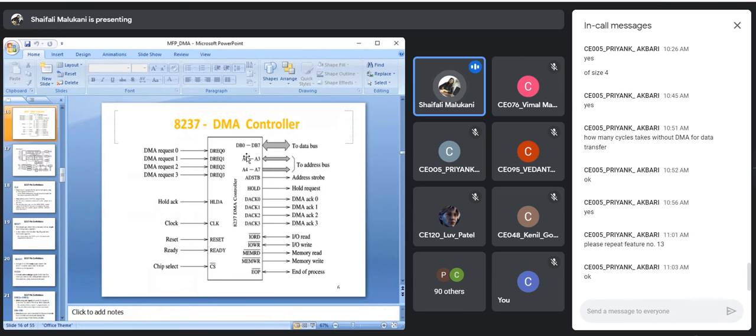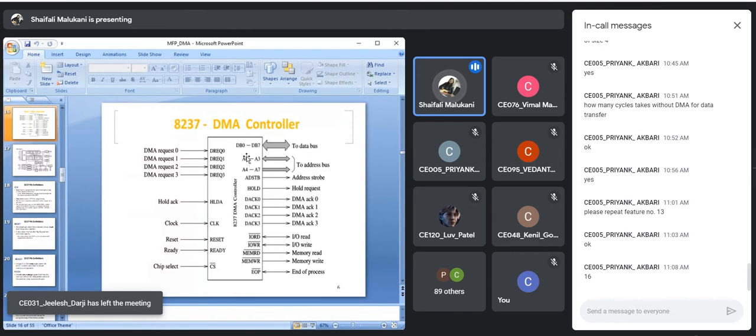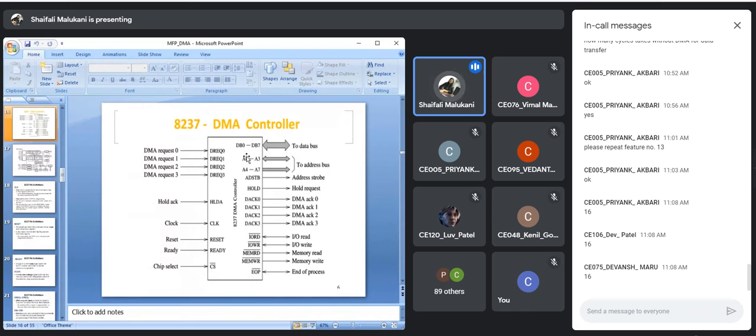It can work on 64k addresses at the same time. So if I want to access 64k addresses, how many address lines will be required? 16 address lines will be required.